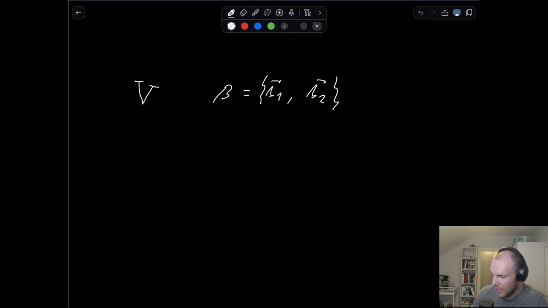We need these to be fixed because there's a specified set of vectors that most efficiently span V.